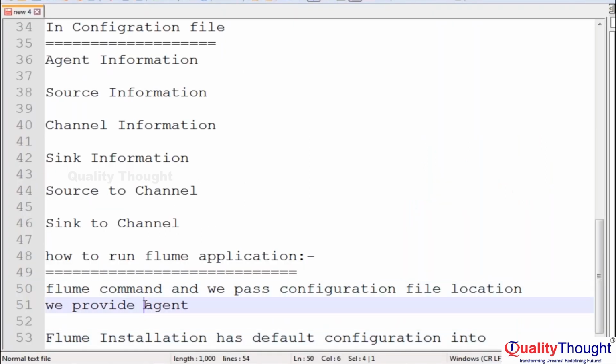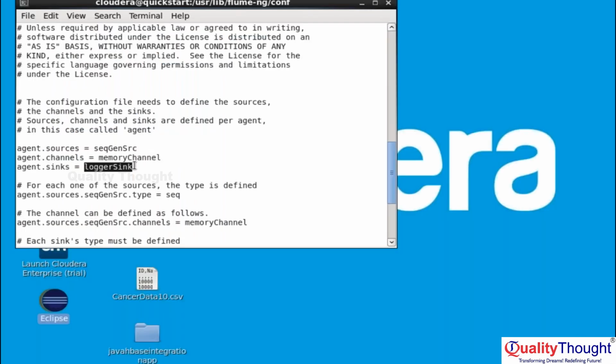In this sample the agent name is agent, the source name is seq-gen-src, the channel name is memory-channel, and the sink name is logger-sink.